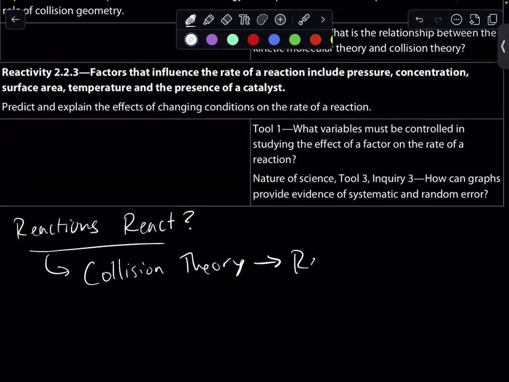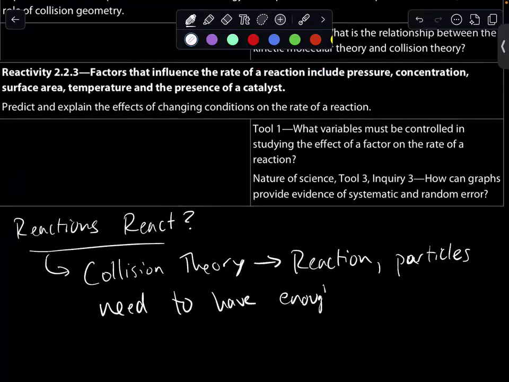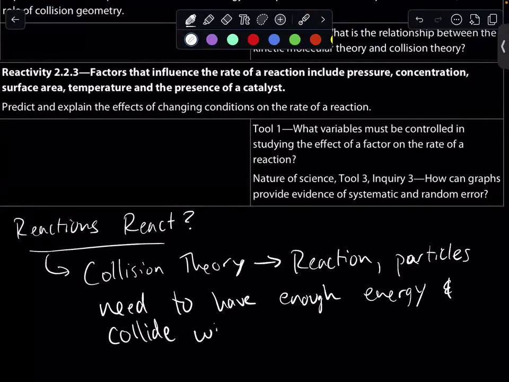For any reaction, particles need to have enough energy and collide with the proper orientation.